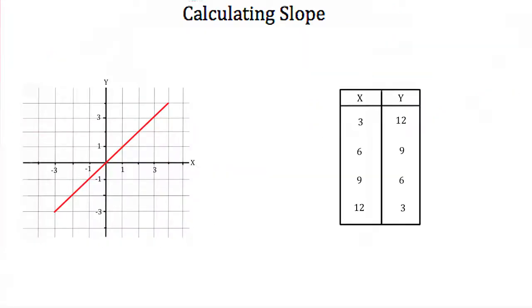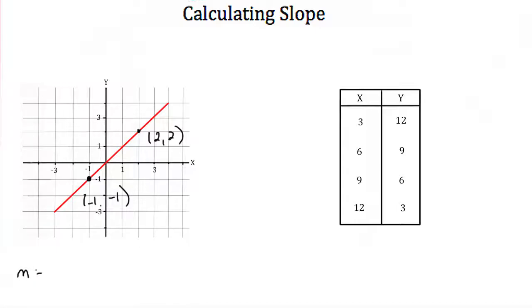Now let's see if we can use the slope formula to calculate slopes from a graph or a table. To calculate slopes from a graph, you simply pick 2 points on the line. So let's pick this point, which is (2, 2), and this point, which is (-1, -1). And we'll plug them into our formula.